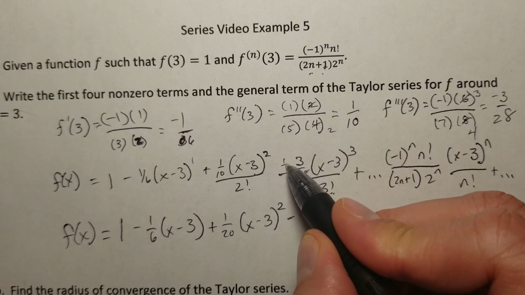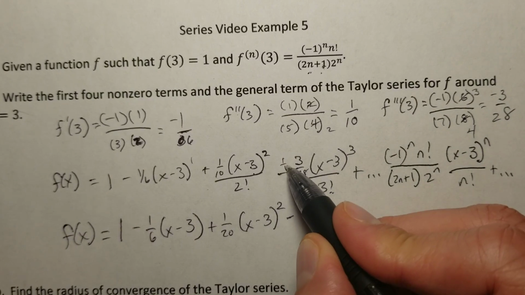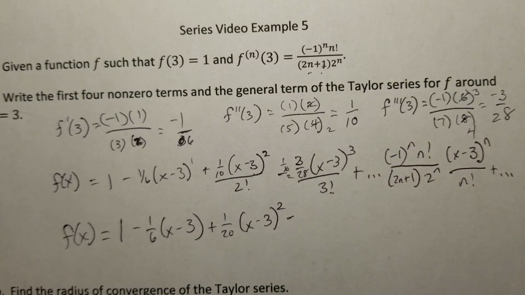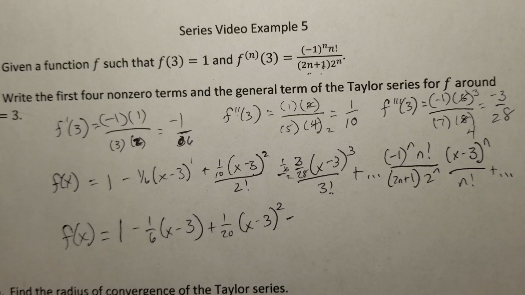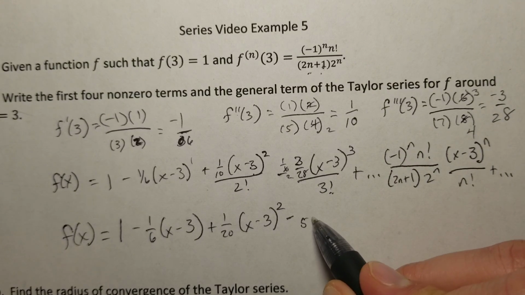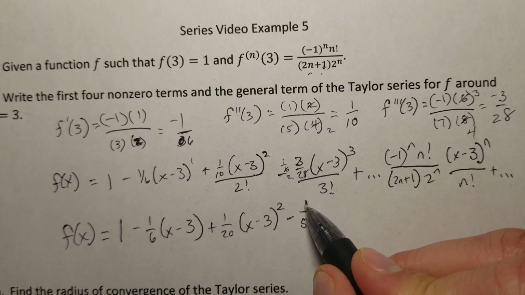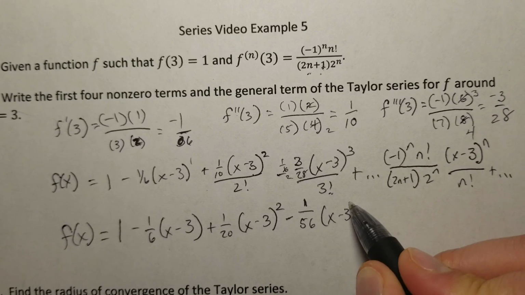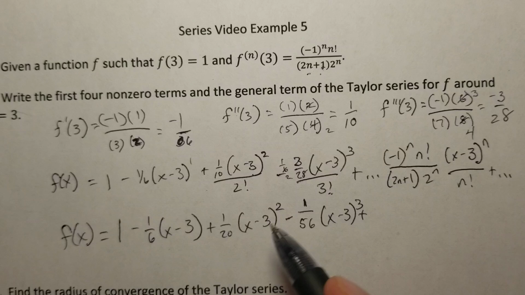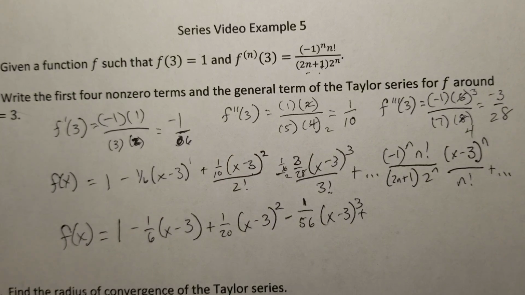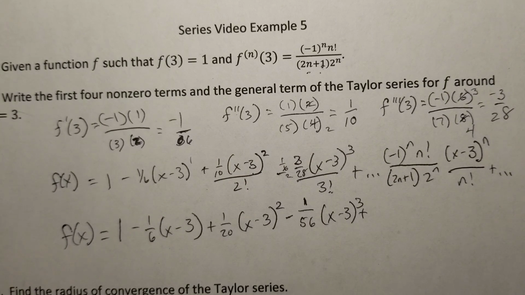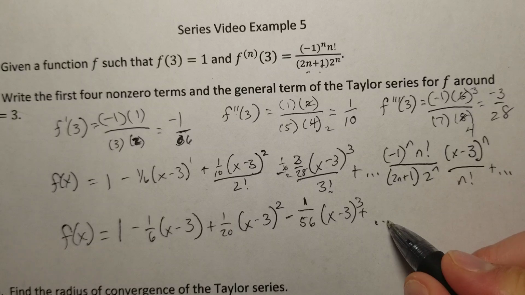If I take 1/6 and multiply it there, I will simplify out a factor there, so I'll end up with 2 times 28 in the denominator, which is 56, 1/56 x minus 3 to the third. You don't have to do that simplification. I'm just kind of messing around here a little bit with it. And then it's plus dot, dot, dot.